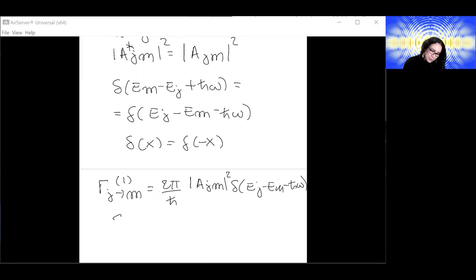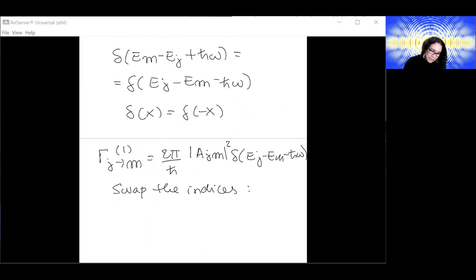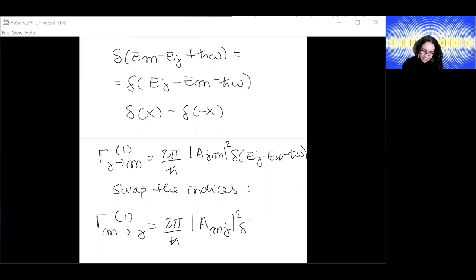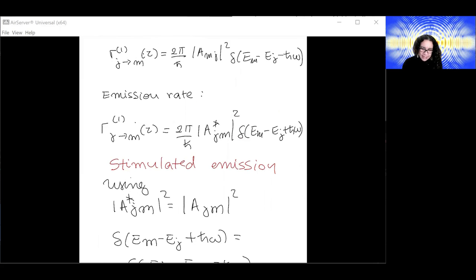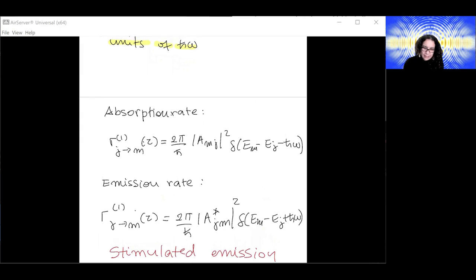Now note that if I swap the indices, I'm going to get 2 pi divided by h bar, A_mj square delta Em minus Ej minus h bar omega. Can you see what this is? This is this expression that we had for the absorption rate.